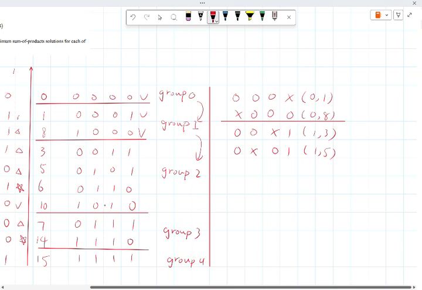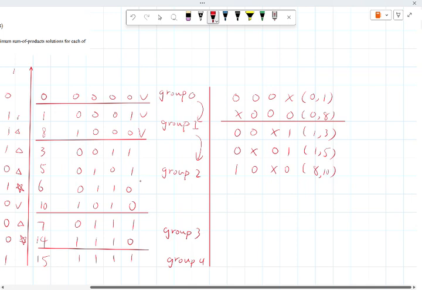All right, so you see the pattern here, and when you compare you will see another pair, which is 8 and 10: 1, 0, x, 0. That is 8 and 10.